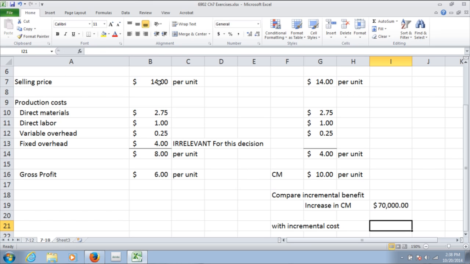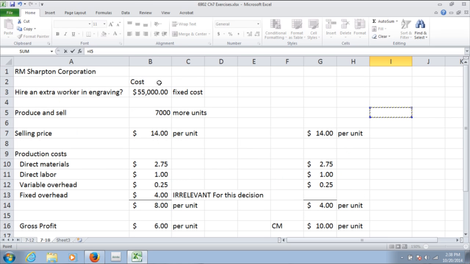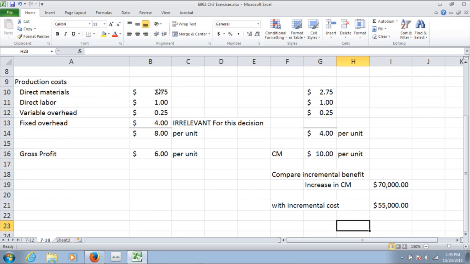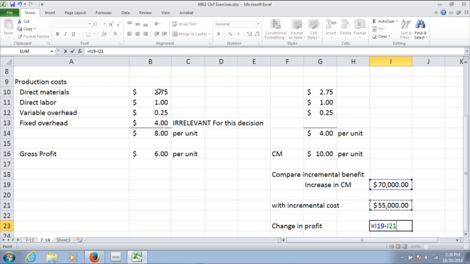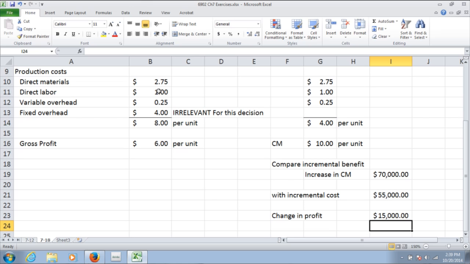Here, the incremental cost is the cost of hiring the engraver. So our change in profit would be 70,000 minus 55,000, or $15,000.